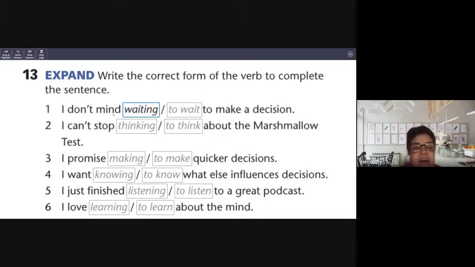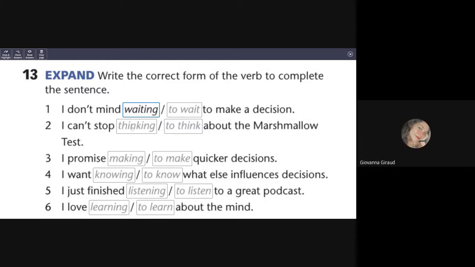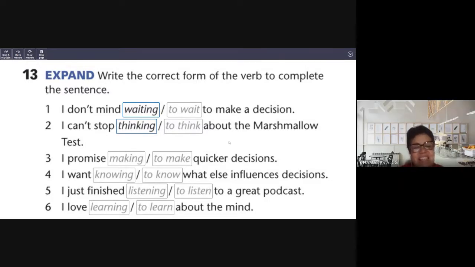Okay, so I don't mind waiting. The verb has to be transformed. No way out. Okay. Number 2, I can't stop. Thinking? Yeah, I can't stop thinking about the marshmallow test. Right. So it's like something I can't avoid.